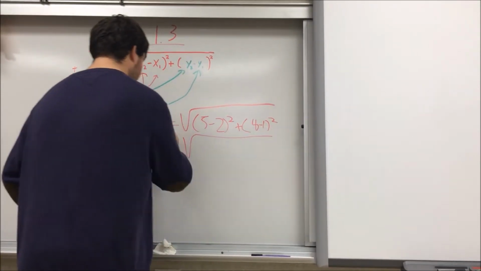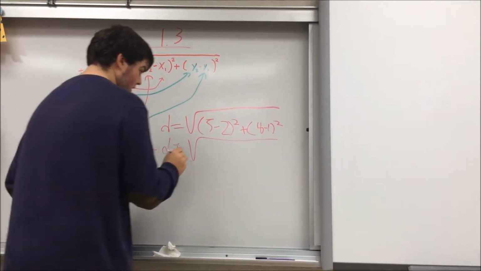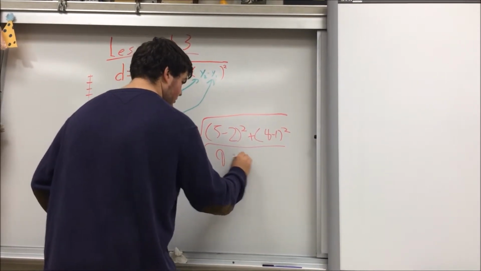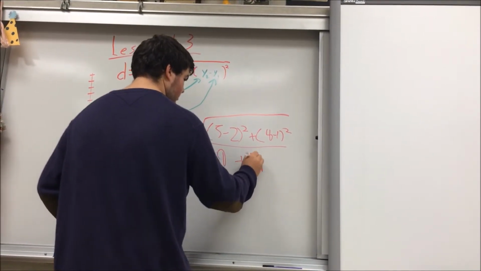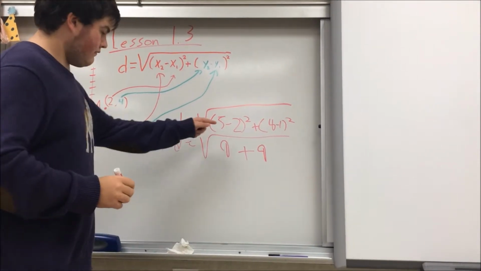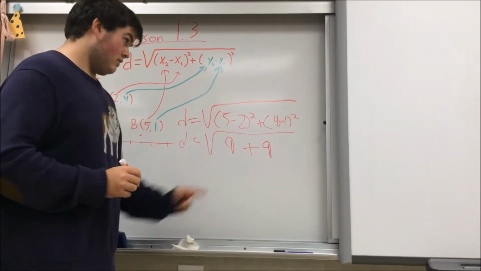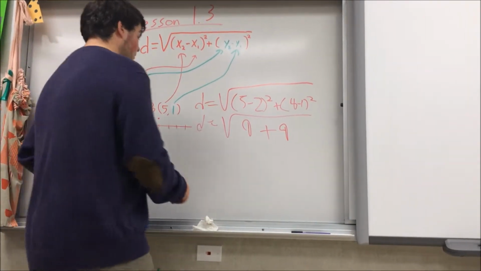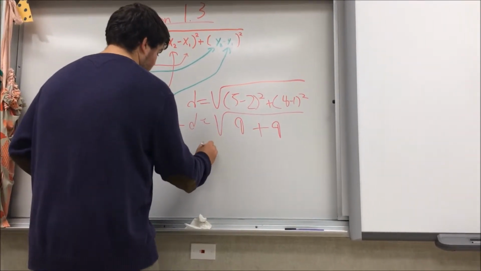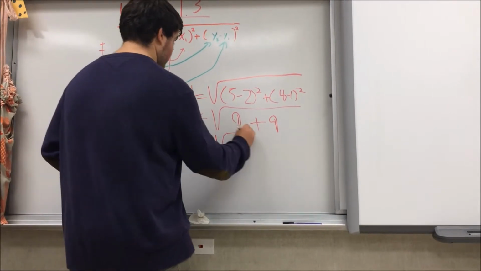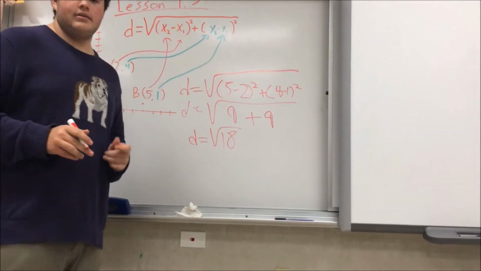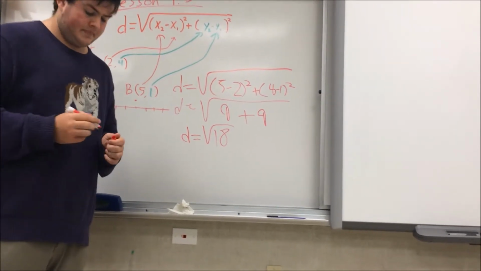Then you should get 9 plus 9. See, 5 minus 2 is 3, squared is 9, plus 4 minus 1 is 3, squared is 9. And that works out to the square root of 18. Do you understand now? Yes, I do.